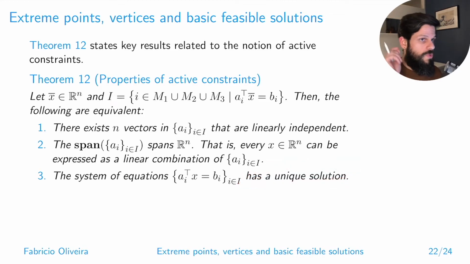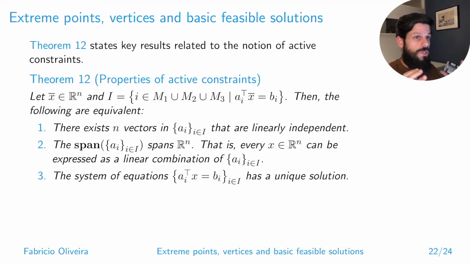That one is going to be really important for us because if I look at my constraints and randomly select n to be active, I can immediately find the point where they intersect by solving this system of linear equations, which will have a unique solution. So that's a really important property that we're going to use all the time when we are in a setting where we cannot really see what we're doing.